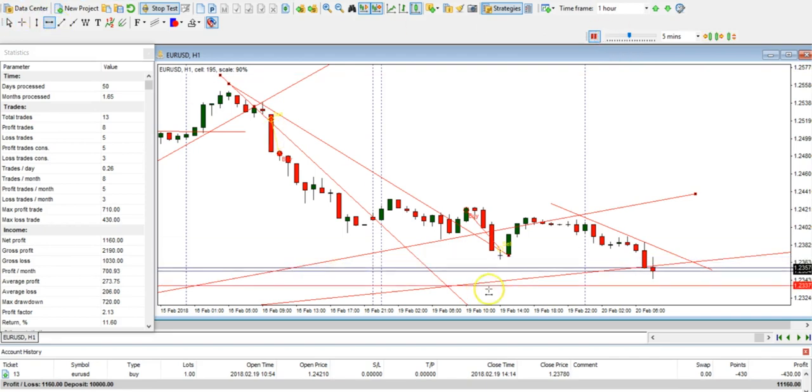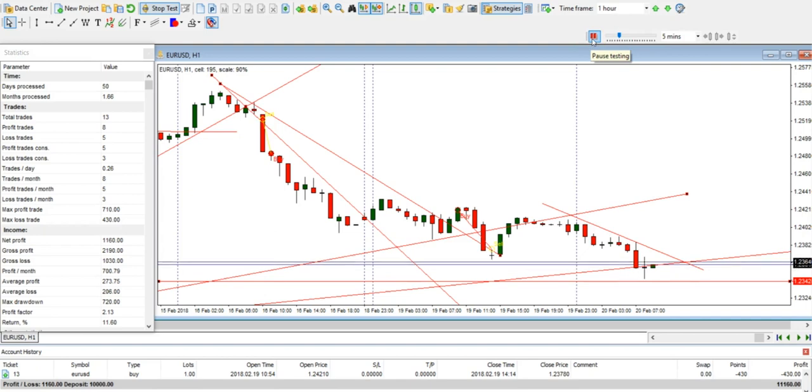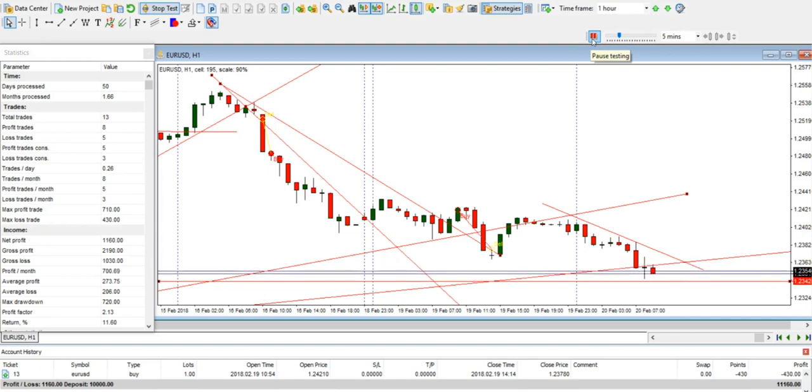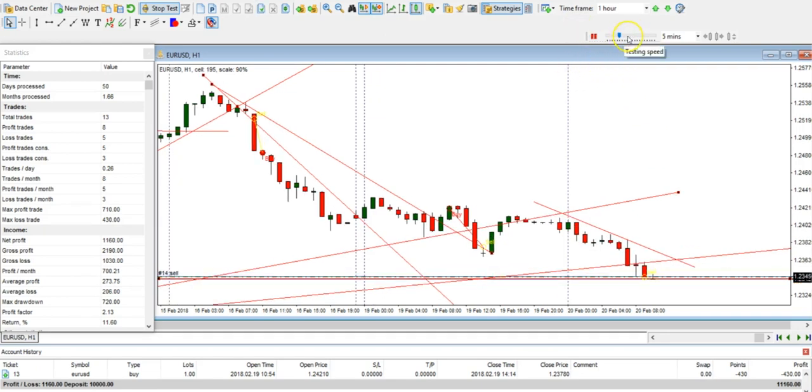Okay, so we have the sell line penetration here. Let's slow her down and let's see if we're going to get a signal here. Okay, so we're in the trade, and now we're just going to speed her up.